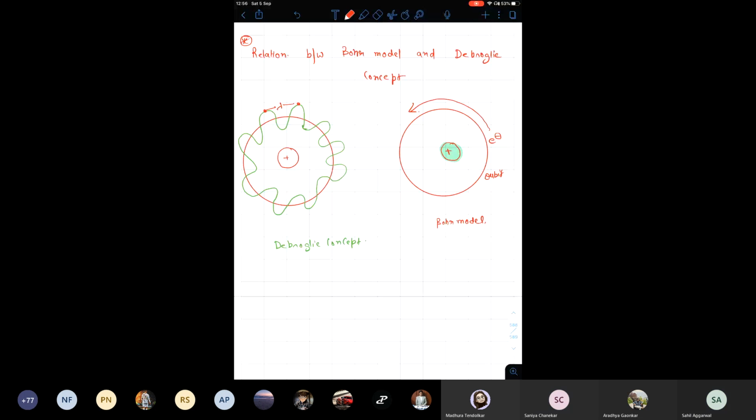It is moving in a circular form only, but it is not linearly moving. It is moving in a wave manner. That is the only thing given by this concept.